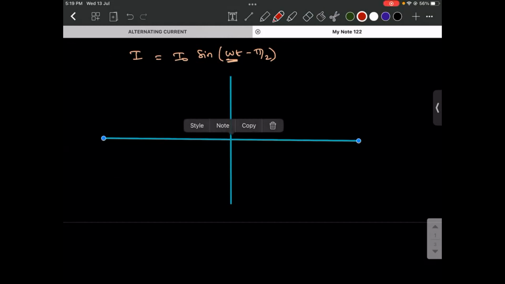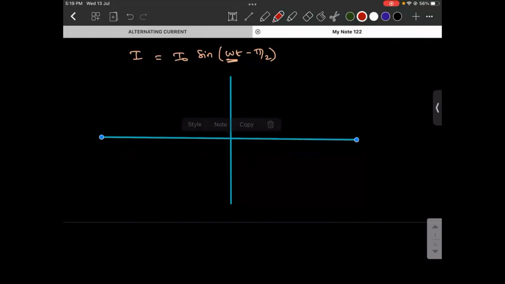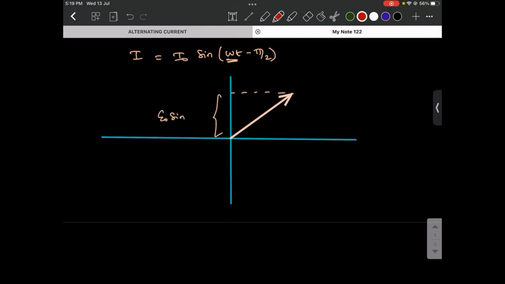Now see, I'm going to draw a phasor diagram where if I take this to be the EMF, okay. So when I drop a perpendicular onto the y-axis, this will be E naught sine omega t. Then what will happen to I naught, I? It will be in the fourth quadrant like this. Okay.